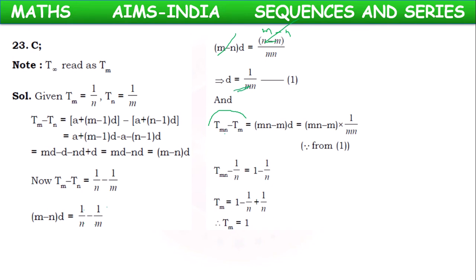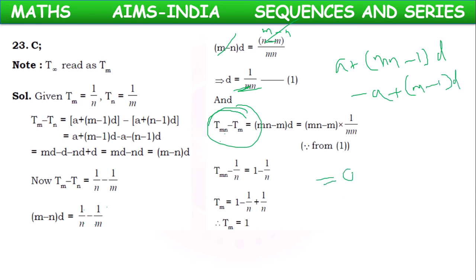So we have got the d value here. Tmn minus Tm: the Tmn value is a plus mn minus 1 into d, minus Tm, which is a plus m minus 1 into d.